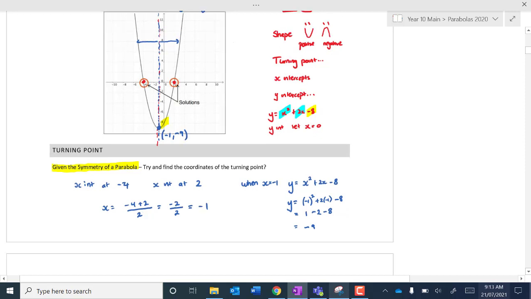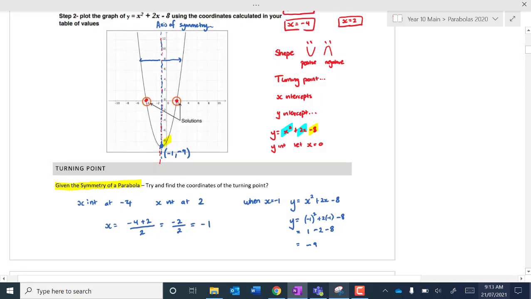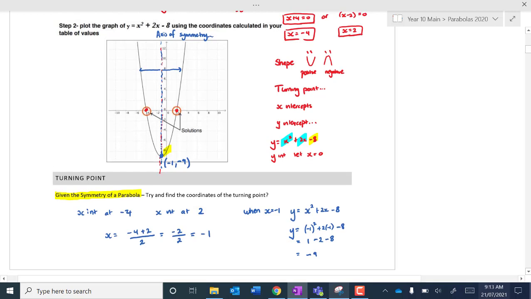Okay, so we have now sketched a parabola. There are other ways to sketch it, other forms which we'll look at later. But essentially, if you can factorize and then use the symmetry, that is one way of sketching a parabola. You can see there that we've got our key points. Knowing that this is a positive parabola, it's going to take this shape, like a little smiley face.